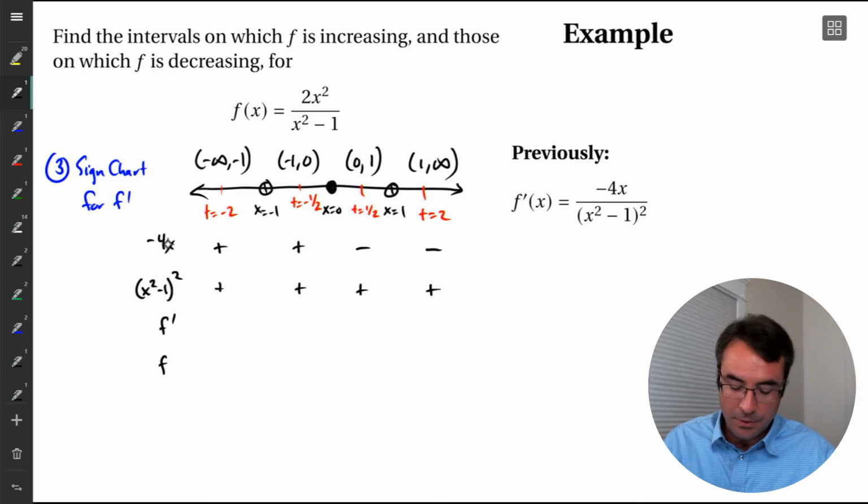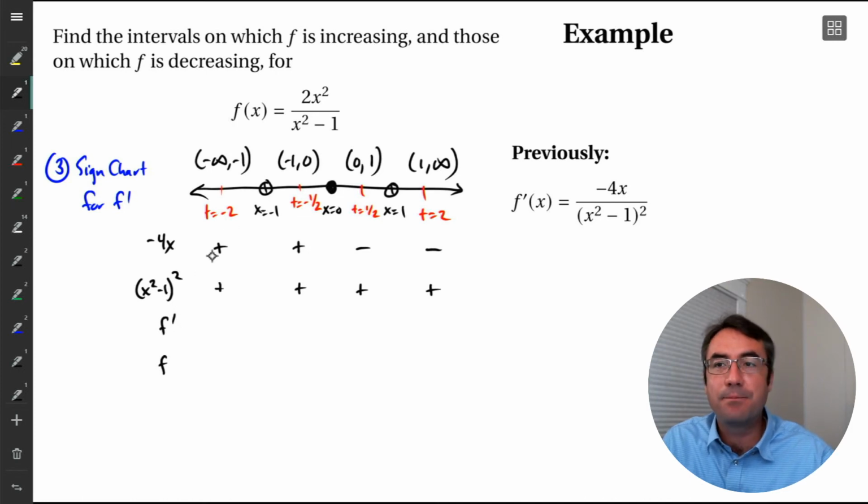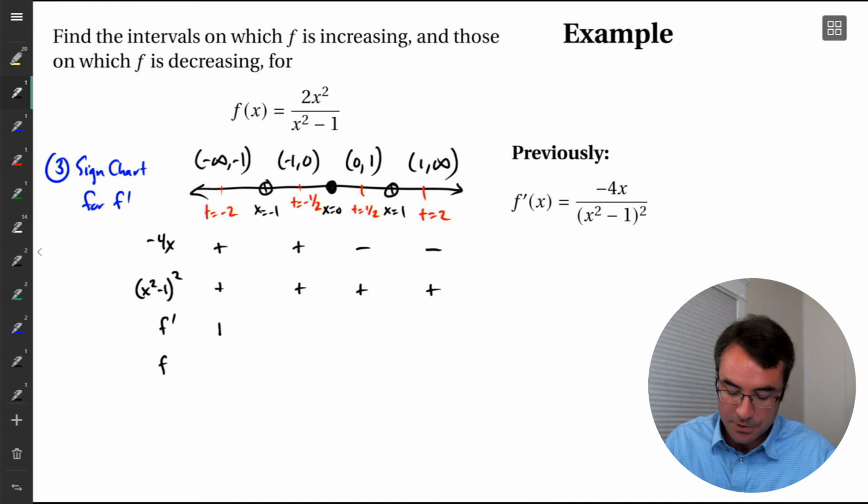All right, so we've gone through all of our factors for our fraction here. And so for this first interval, we want to figure out, well, what's the sign of f prime? Well, we have a positive number divided by a positive number. The result is going to be positive. Then over here, we have a positive number divided by a positive number.